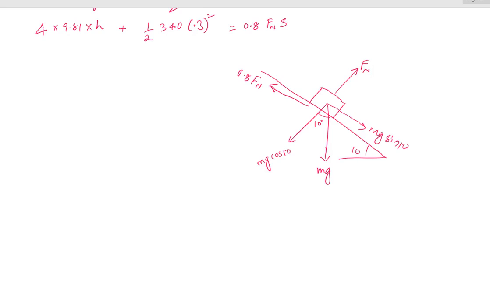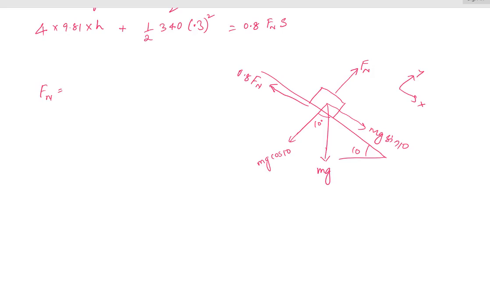If you think of this as x direction and y direction, along y the only forces are Fn, which is balanced by mg cosine 10. So from this we can find Fn.